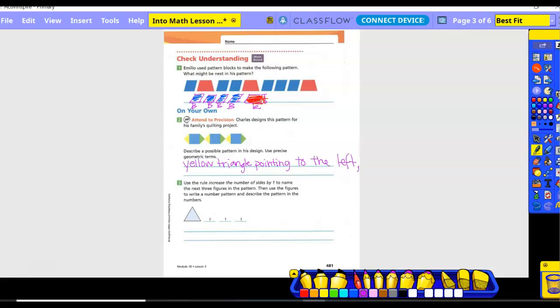Green triangle. What's in the middle? Blue square. Blue square. And then a what? And then a blue triangle. Basically. A blue one or a green triangle? Pointing right.